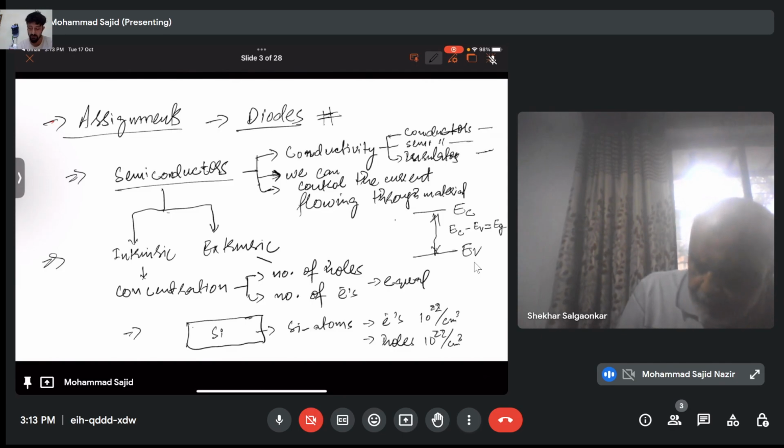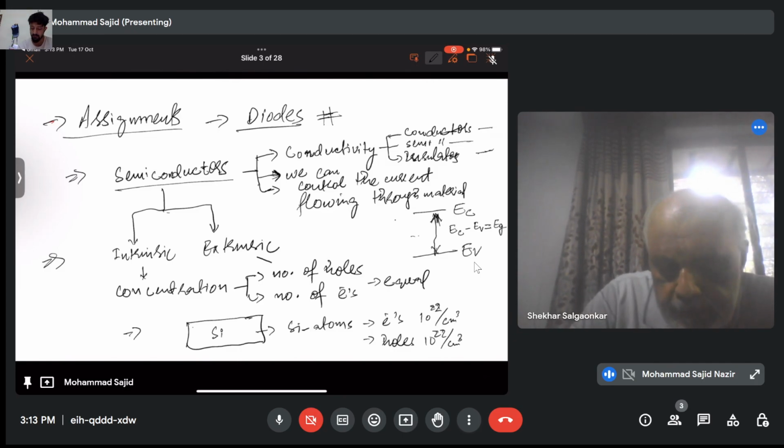If this EG is very large, then we say that the material is an insulator. And for metals, let's say this is a Fermi level, and all the bands below this Fermi level are filled. So there is no band gap in conductors.